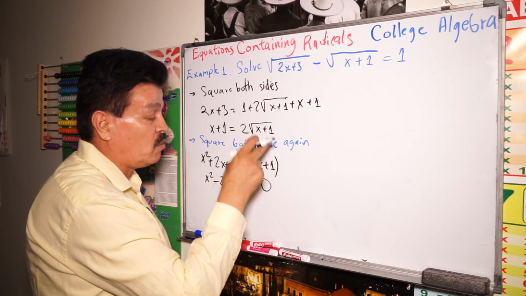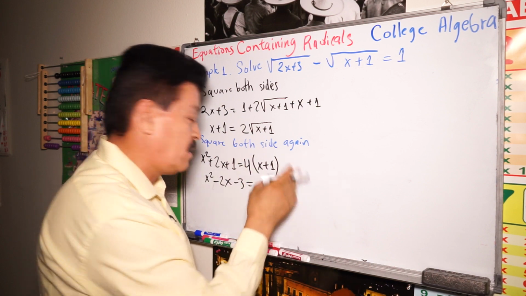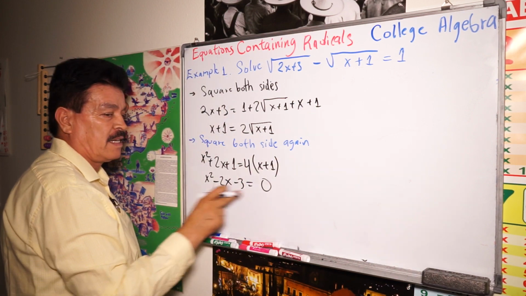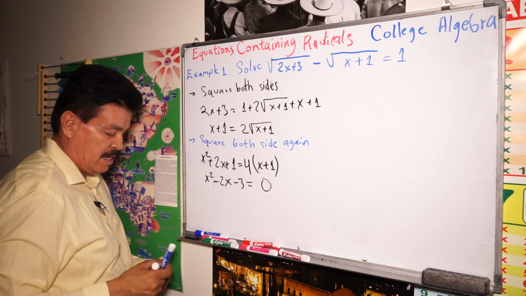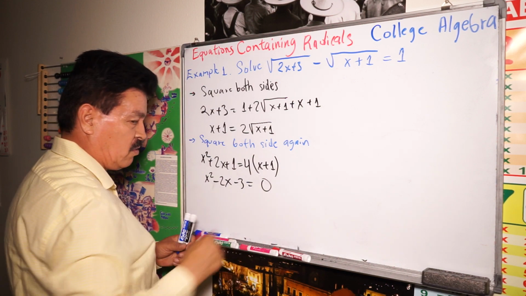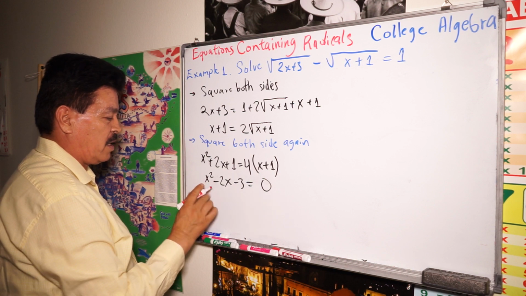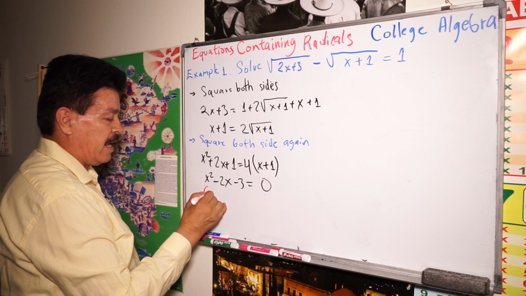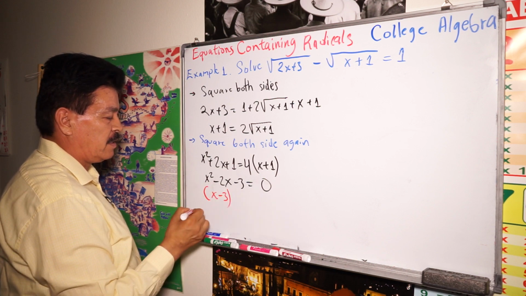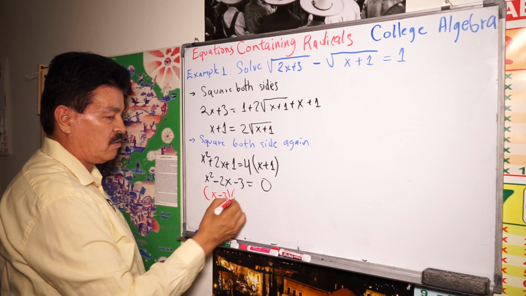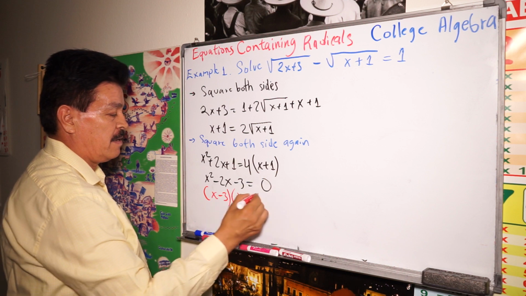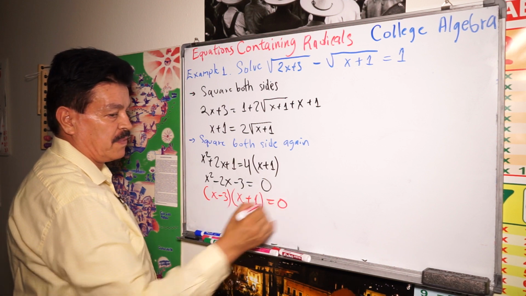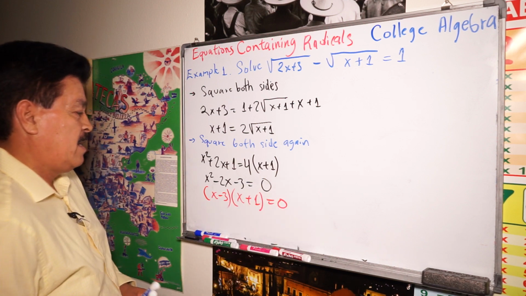Maybe you want to do the whole process, try to do it. Now this equals x minus 3 times x plus 1 (those are the factors) equals 0. That's very important here.